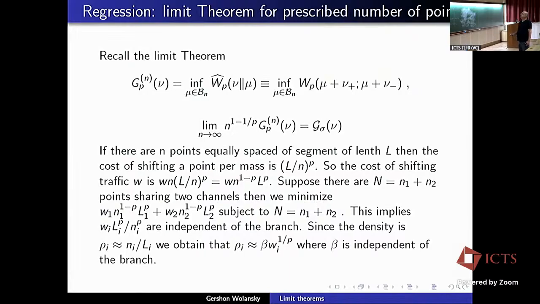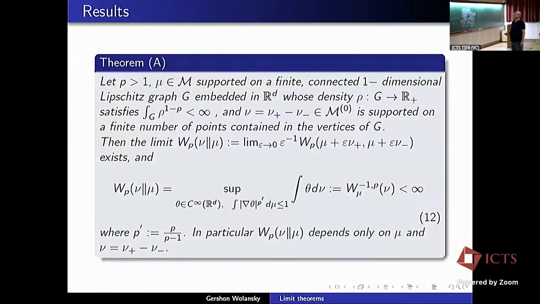This is not so good from a numerical point of view because it's not a convex problem, right? Even though we can fix n and minimize over finite dimensional variables, not over the whole space of measures but over a finite number of variables, it's very bad because it's not convex. It may have many minimizers.